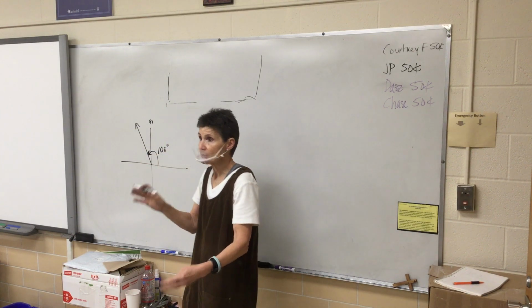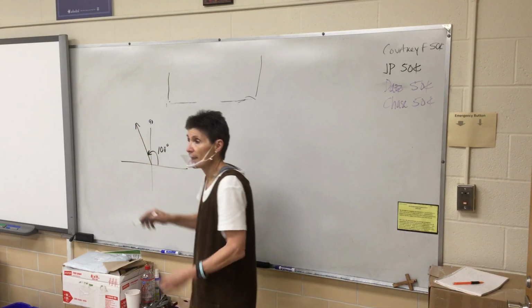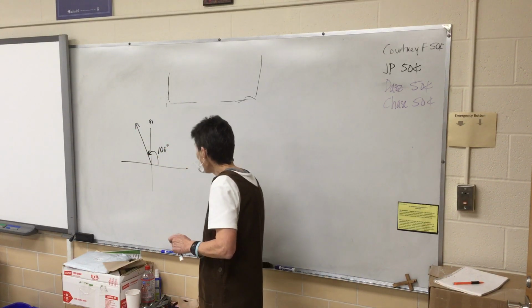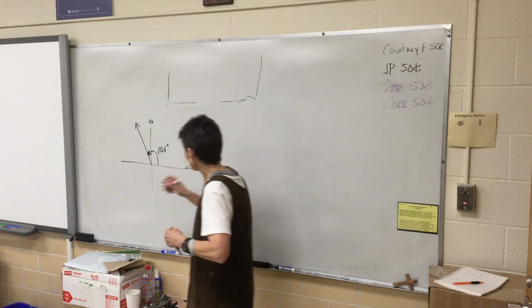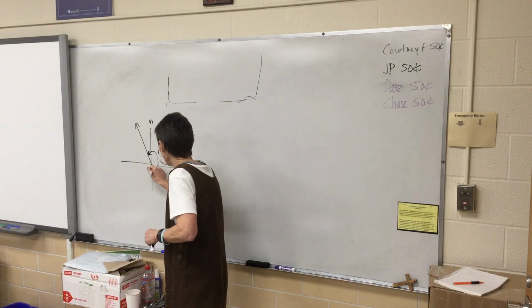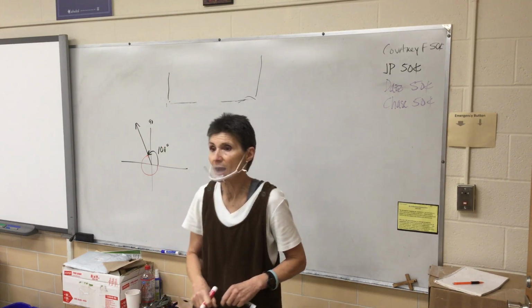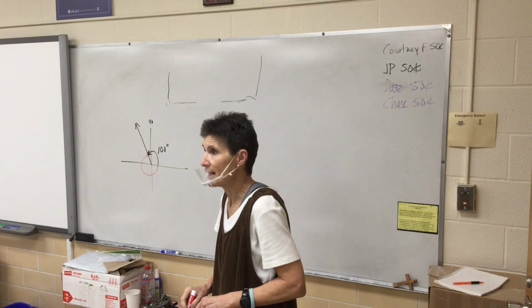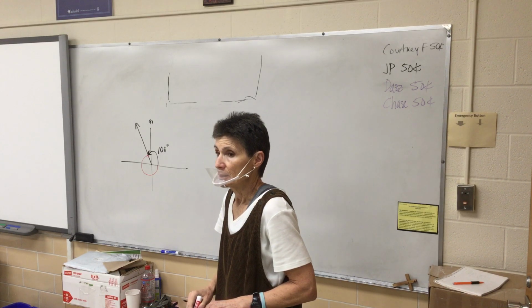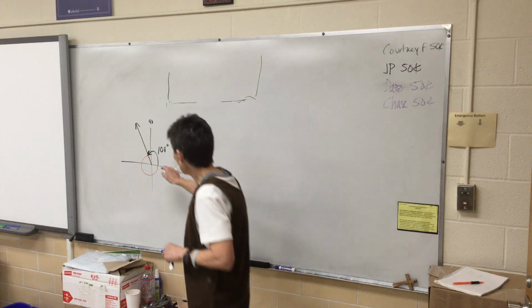There would be 100 degrees. So somebody said draw a 100-degree angle. This is where I would put my terminal side. But that vector right there, that ray, could also be the terminal side of the red angle, right? And the red angle, look at how it's rotating.